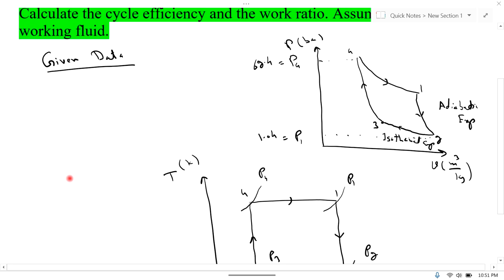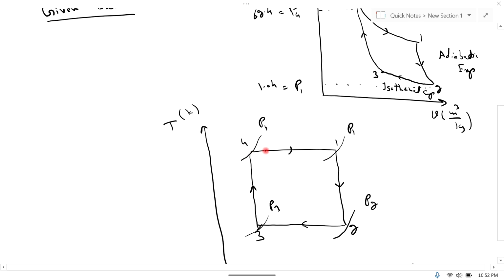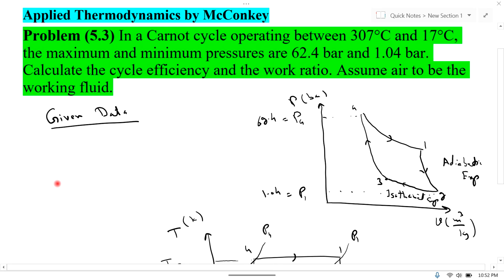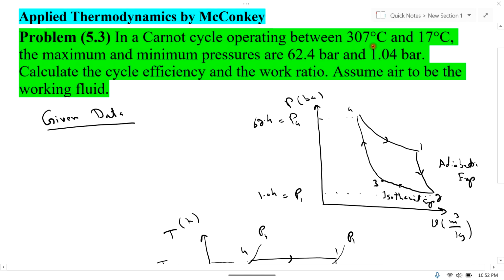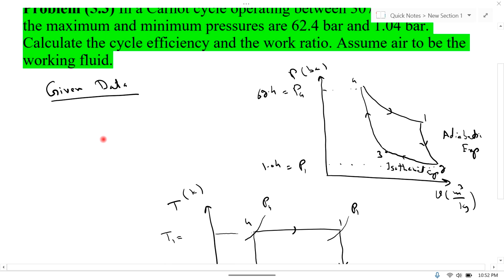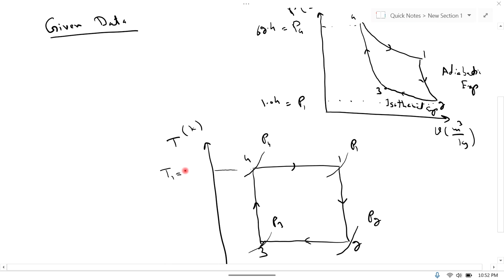Similarly T1 and T4 are on a constant temperature line, isothermal expansion, so T1 and T4 are the same. T1 is the maximum temperature given, 307, and we convert this into Kelvin: 307 plus 273, which is equal to 580 Kelvin.